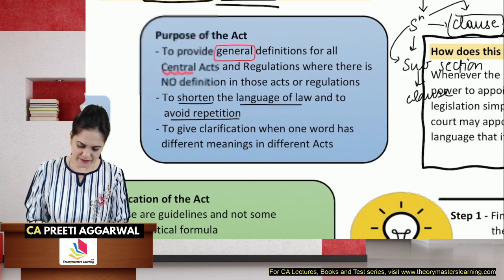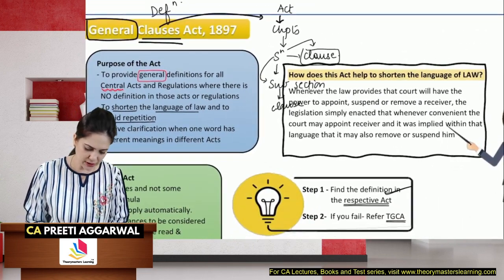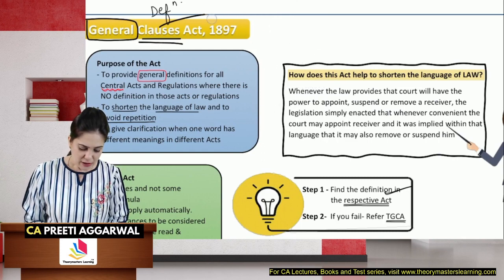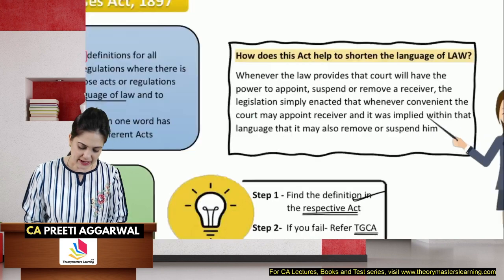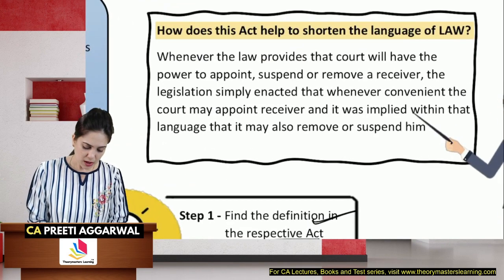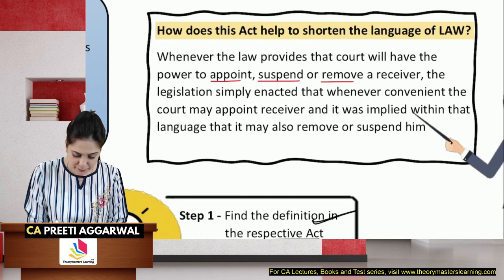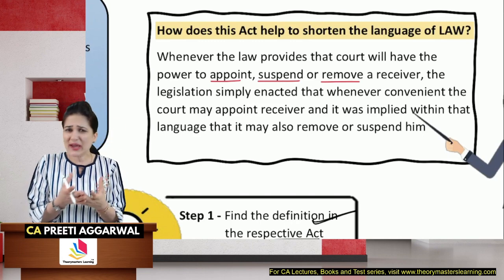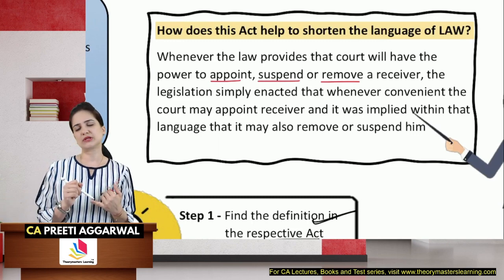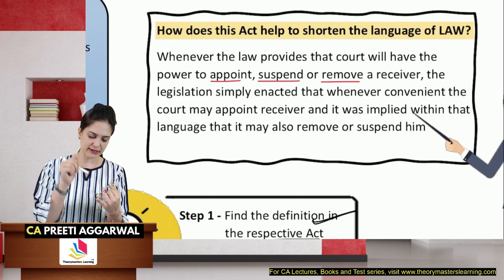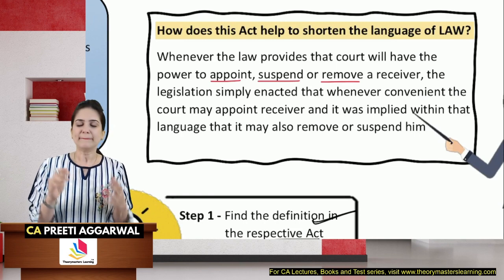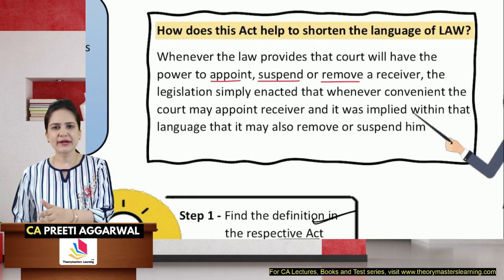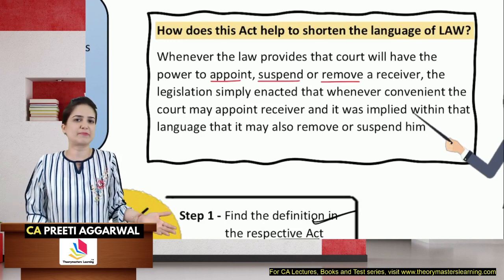One more example, student: how does the act help to shorten the language of law? Now see, this is a very good example which you will find in the module also. Whenever the act provides that the court will have the power to appoint, suspend, remove a receiver, the lawmaker says, why do you need to explain all this? You need not write all that, because the person who has the authority to appoint will automatically have the authority to suspend and remove as well.